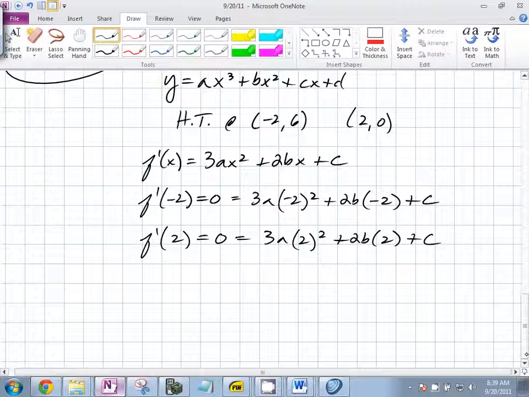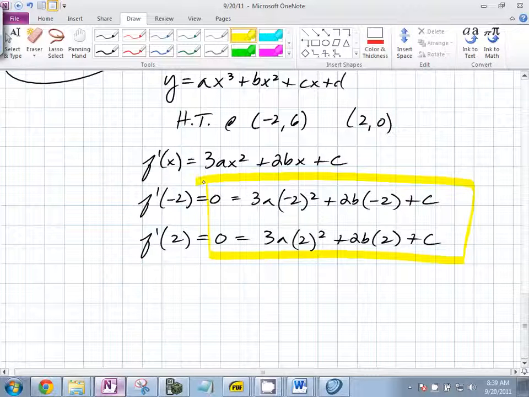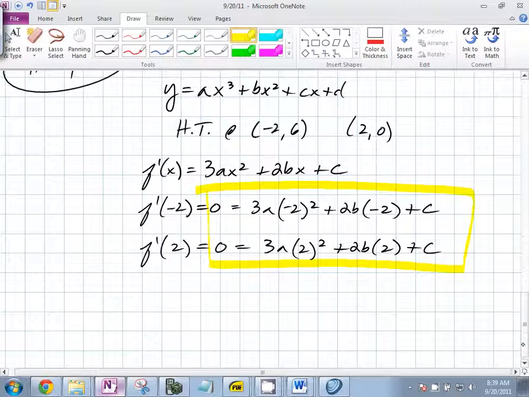Okay, so how many equations do we now have? How many variables do we have? 3. We do not have enough information to solve. But we also know, as Maddie pointed out, when x is -2, y has to be 6, and when x is 2, y has to be 0.